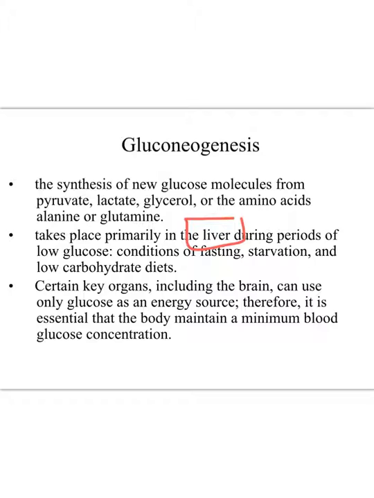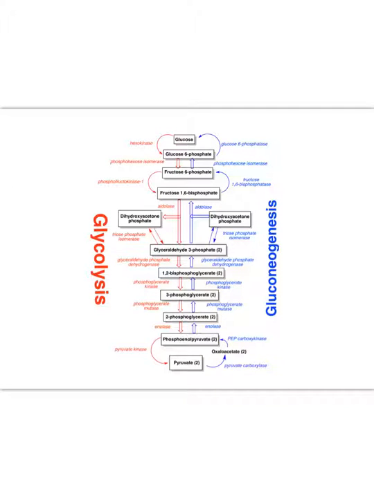So if you've been fasting, if you're in a period of starvation or a low-carb diet, what they can refer to as a ketogenic diet, you're going to have to rely on your body, your liver, to actually form molecules of glucose. You can simply look at this chart and you'll see glycolysis and gluconeogenesis are basically the opposite pathways from each other.